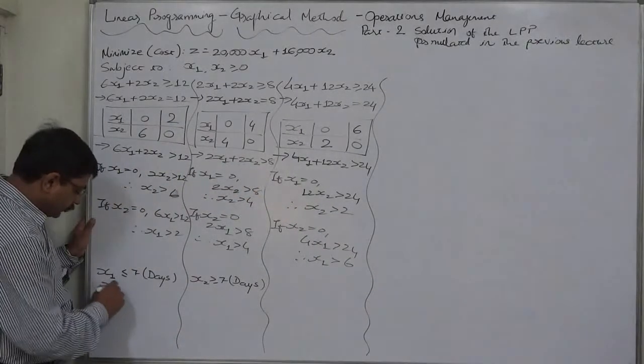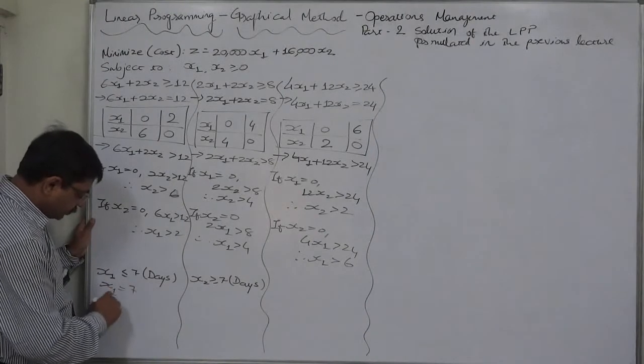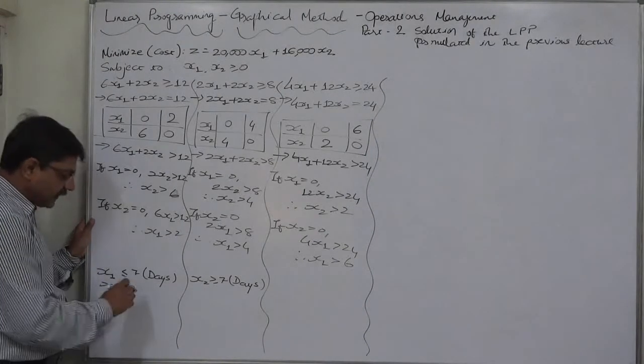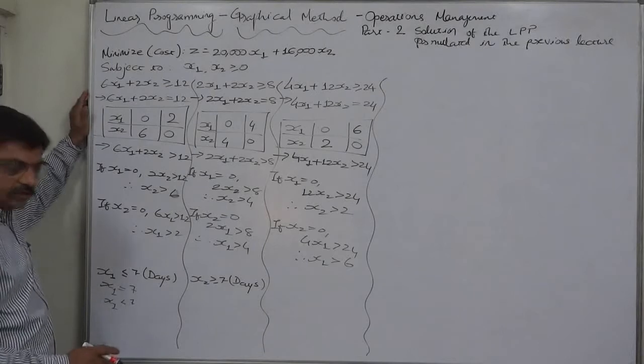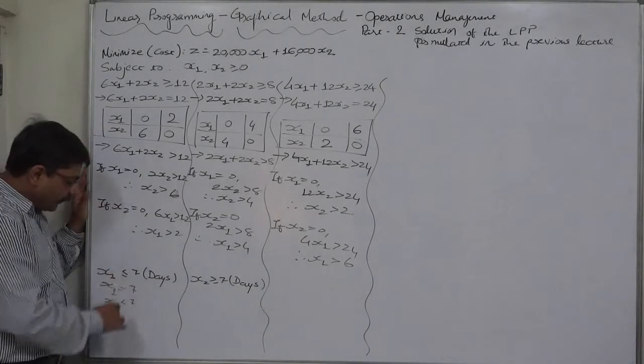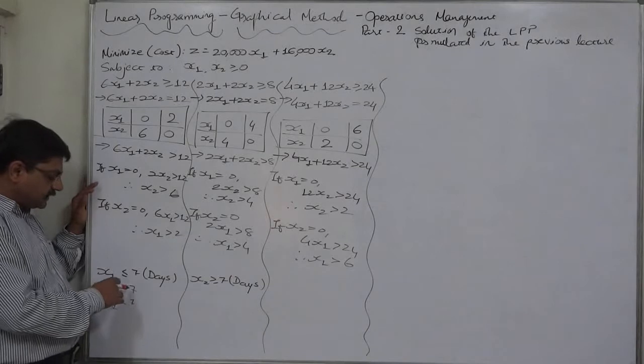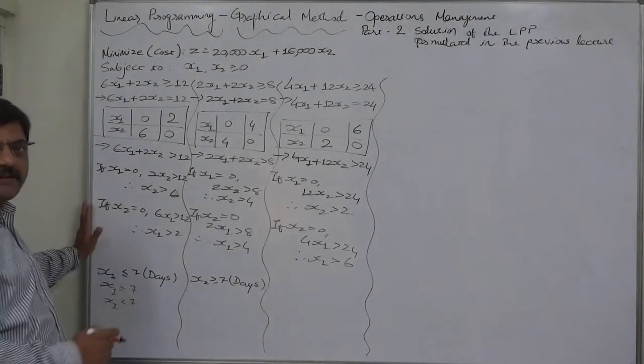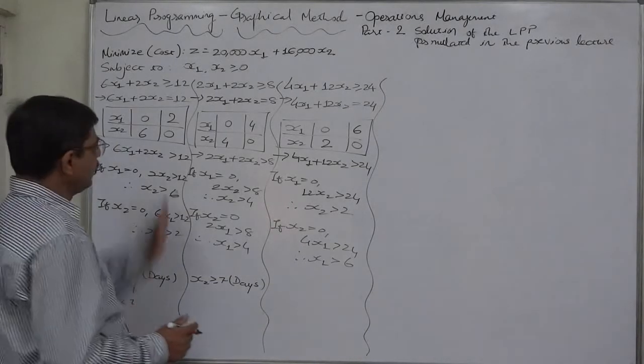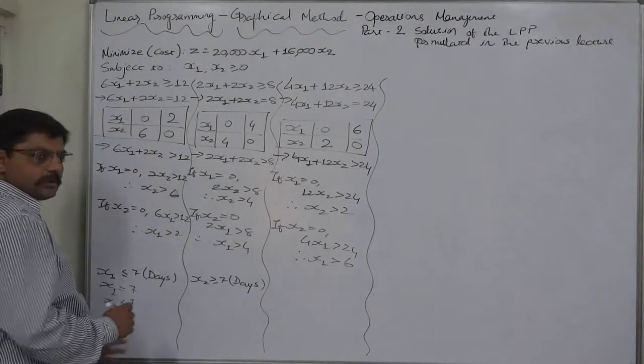In this case, x1 equals 7 or x1 less than 7 will be there. These are the constraints based on the number of days of a week. For any value of x2, x1 is 7 or less. That means the line will pass through x1 equals 7 and the line will go parallel to the x2 axis.